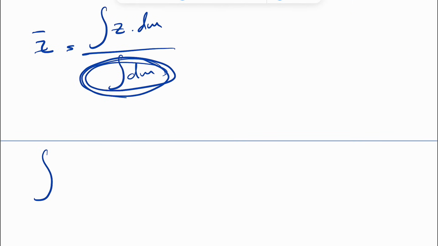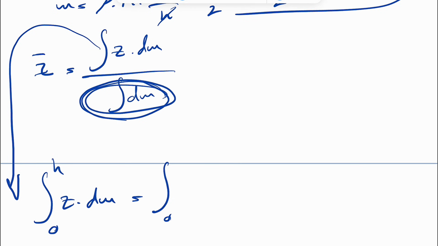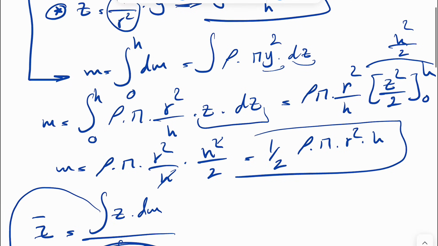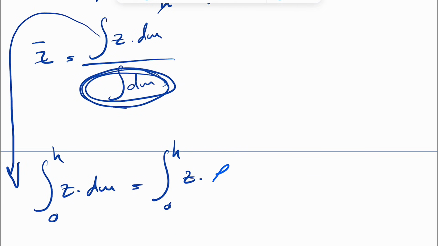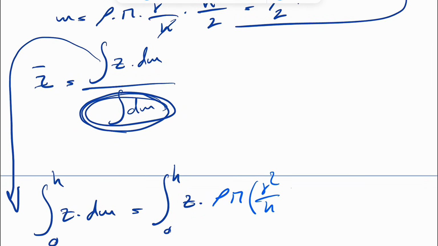So we are looking for z dm. Again, we go from 0 to h, z times dm, and the dm would be pretty much the same as the other part, the last thing that we got: rho pi r squared over h times z dz.